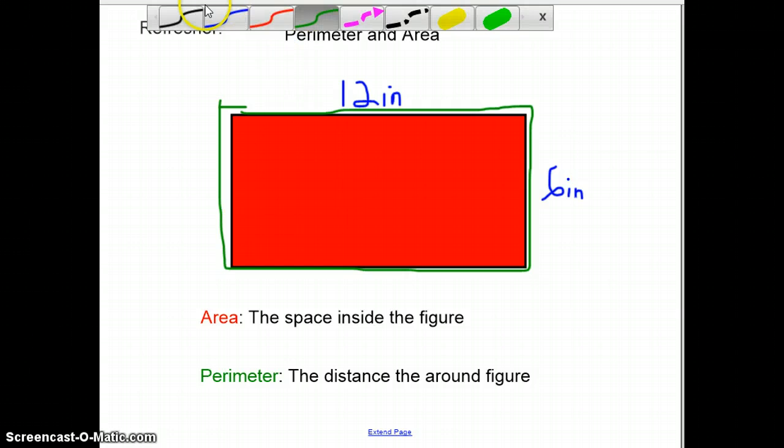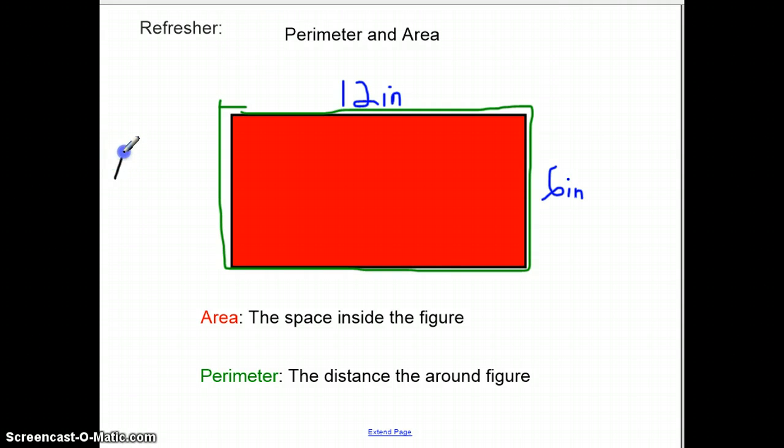Now, just to show you how to find the area, it's going to be length times width. So this is the length, and this is the width.